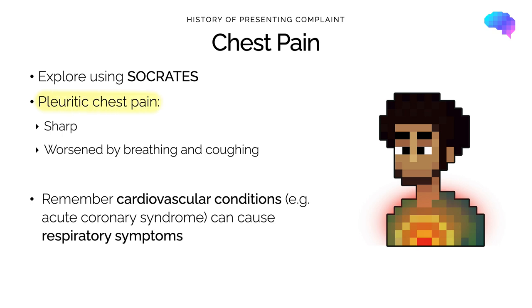This is often described as being really sharp and worsened by breathing and coughing. It's also worth remembering that cardiovascular conditions, for example, a patient having an acute coronary syndrome or myocardial infarction, can present with respiratory symptoms. For example, they may present with chest pain and breathlessness.